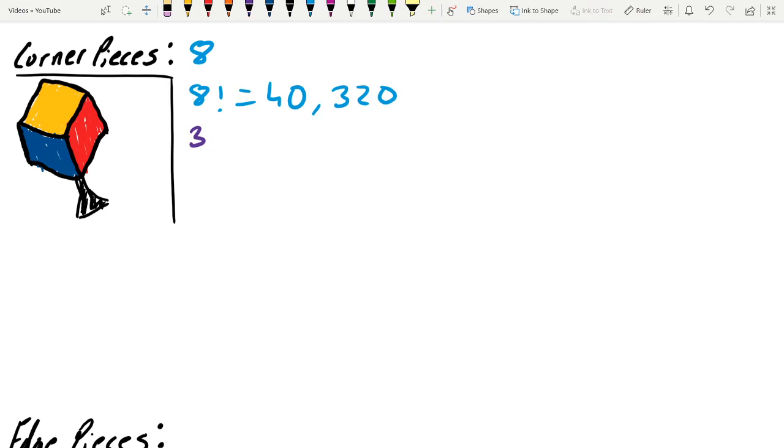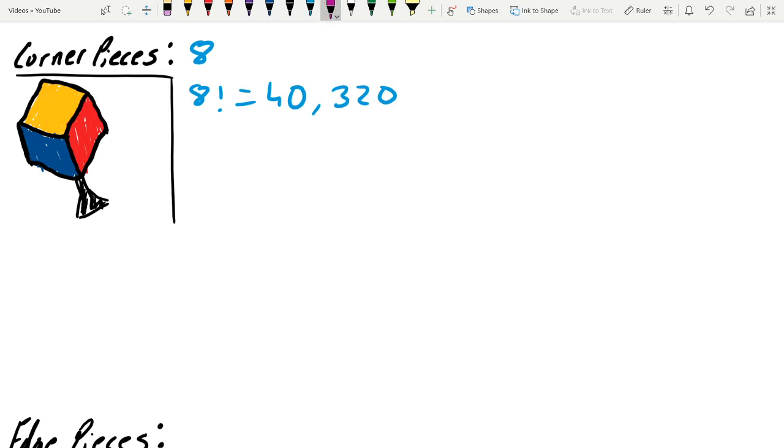Because, for example, the corner that I've drawn over here, this yellow and this red, they can't switch positions. The whole corner would have to rotate. You can't simply swap 2 stickers on that corner. The whole corner would have to rotate, so either yellow's on the top, red's on the top, or blue's on the top. So that's 3. So there's 3 arrangements for the orientation of the corner.